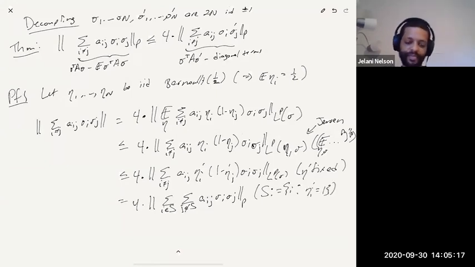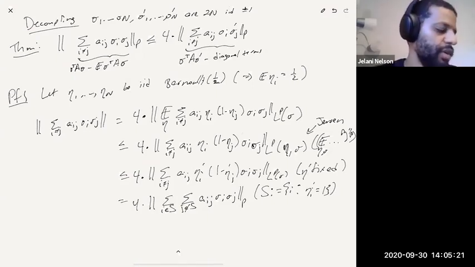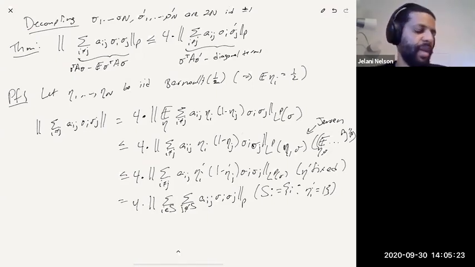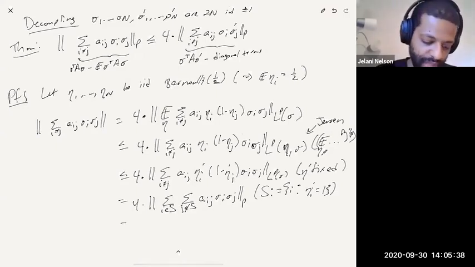Does that make sense? Because your eta I prime times 1 minus eta j prime, that product is either going to be 1 or 0. It's going to be 1 if I is in S and j is not in S. Otherwise it's 0, so it doesn't matter. Okay. And now this is equal in distribution to 4 times this thing.